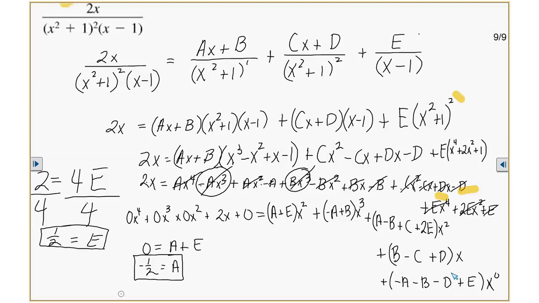And the next one, we just did x to the fourth. That's supposed to be x to the fourth, sorry. Okay, so 0 is equal to negative a plus b, and negative a, so 0 is equal to negative 1/2 plus b, so b is equal to negative 1/2.